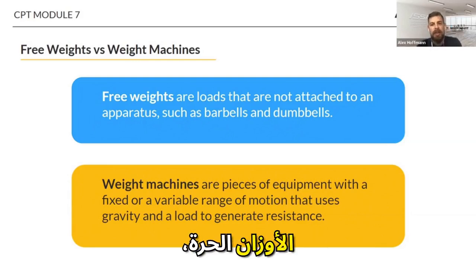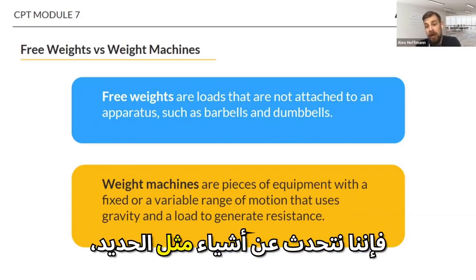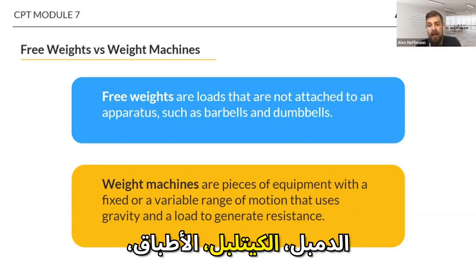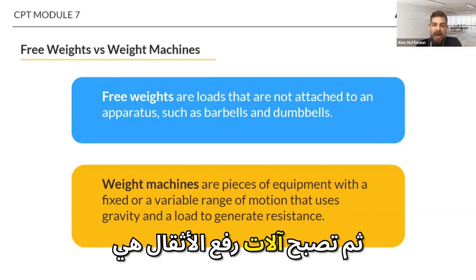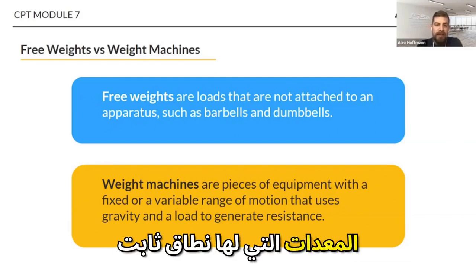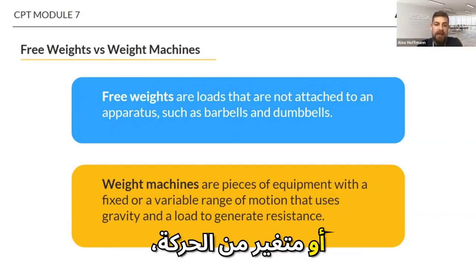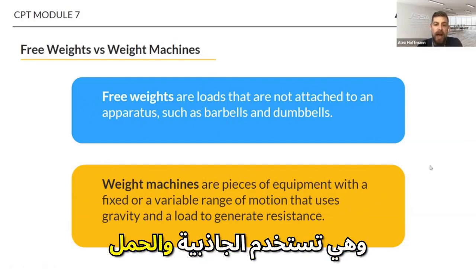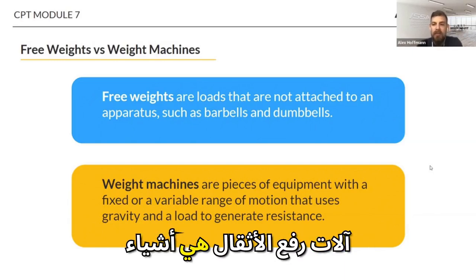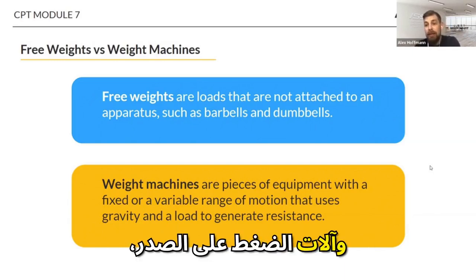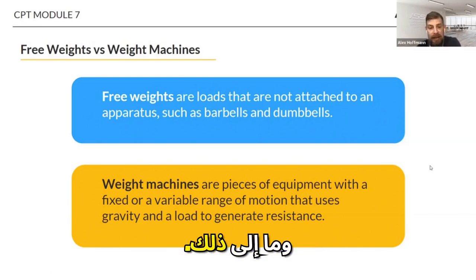So when we're talking about free weights, we're talking about things such as barbells, dumbbells, kettlebells, plates, etc. And then weight machines are going to be the pieces of equipment that have a fixed or variable range of motion, and they use gravity and a load to generate a greater resistance there. So weight machines are things like our cable machines, leg press machines, chest press machines, etc.